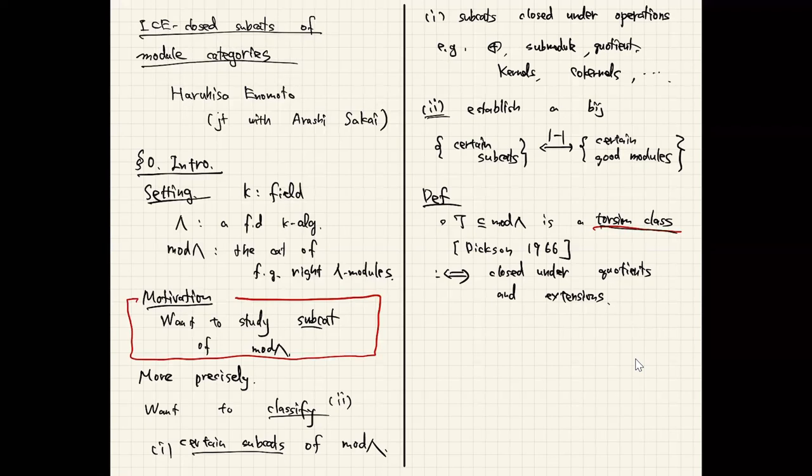This is a very classical object in the representation theory of algebras, and it is related to many areas by considering path algebras or preprojective algebras of Dynkin type.